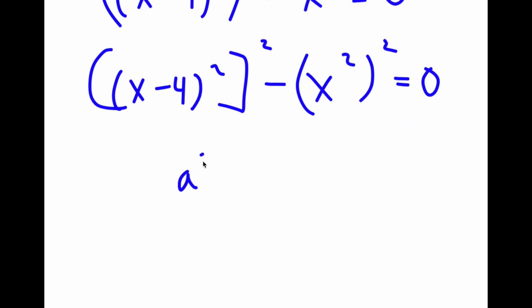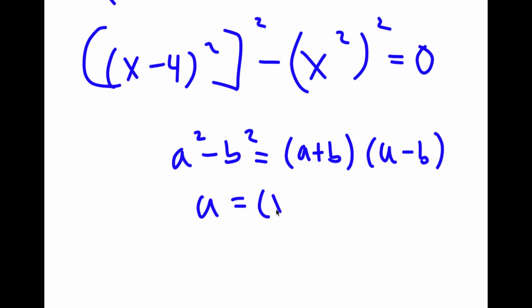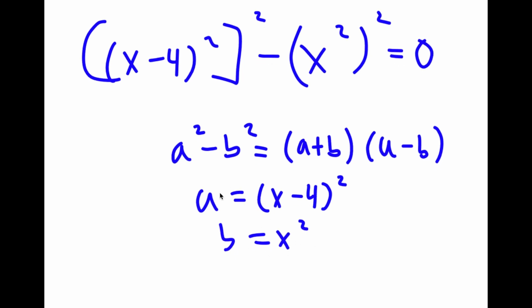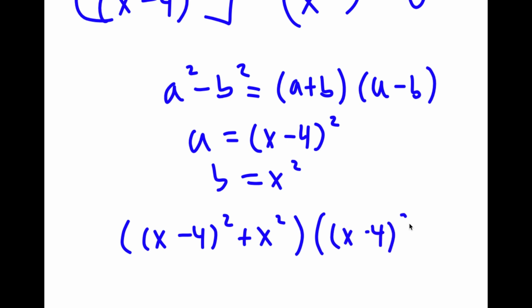Now, if I have something in the form a squared minus b squared, this is equal to a plus b times a minus b. So in this case, a is x minus 4 squared, and b is x squared. So now I have x minus 4 squared plus x squared times x minus 4 squared minus x squared.